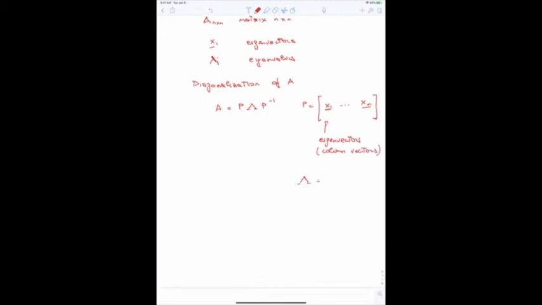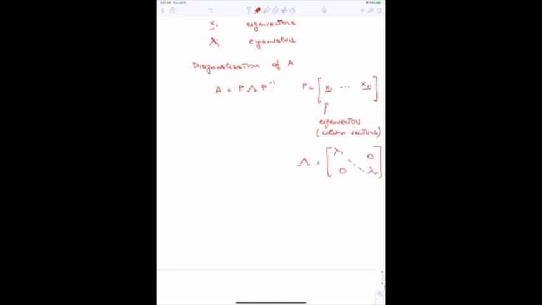And capital lambda is simply a diagonal matrix where the diagonal is lambda 1 through lambda n. Well, not all the matrices can be diagonalized. In general, if A is real and symmetric, then there is a diagonalization. That's a specific result. Okay, that's enough for today.